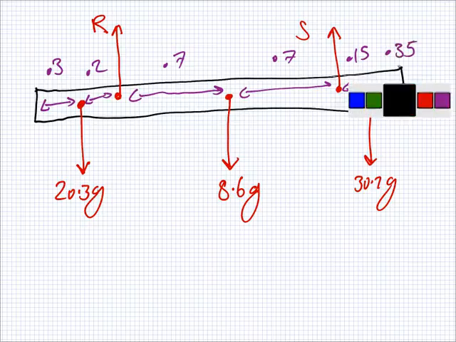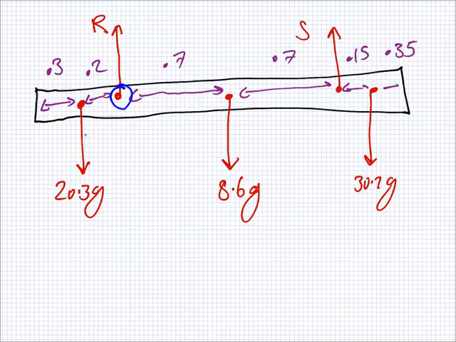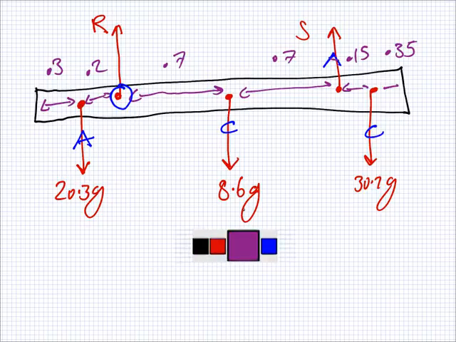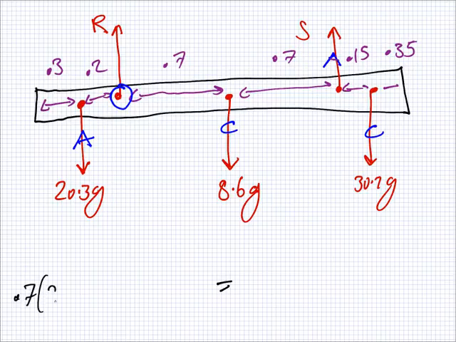Okay, now it should be crystal clear. We're taking the turning point here. So this one is anti. This one here, clockwise, clockwise, anti. So let's do the clockwise ones first on the left of the equation. So the first one is here. That is 0.7 times 8.6 G. Yeah?